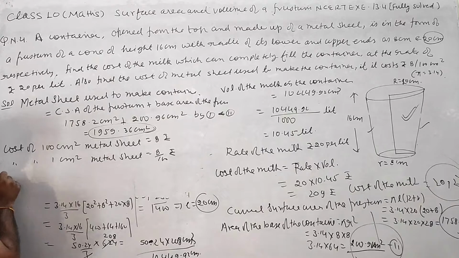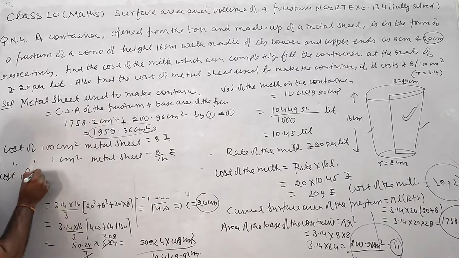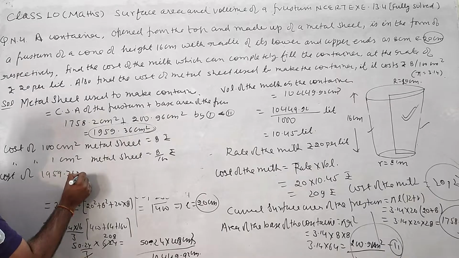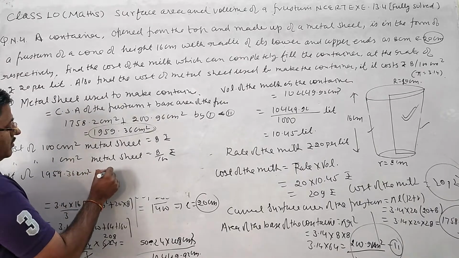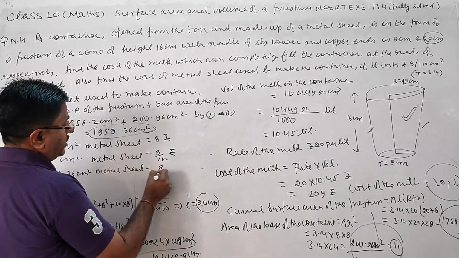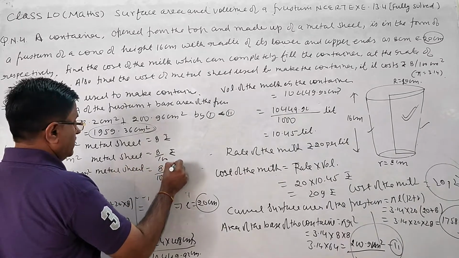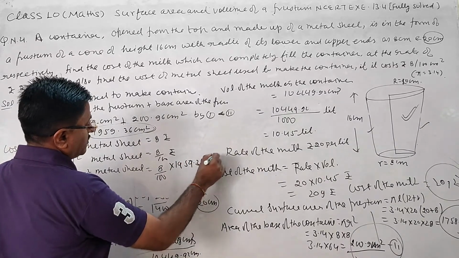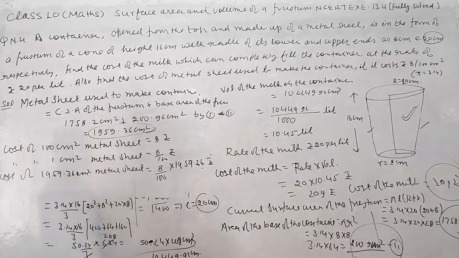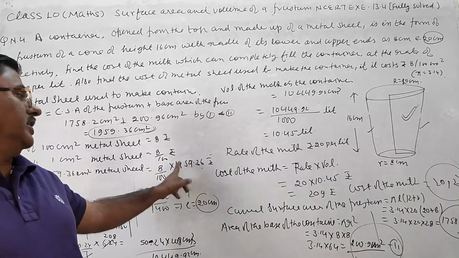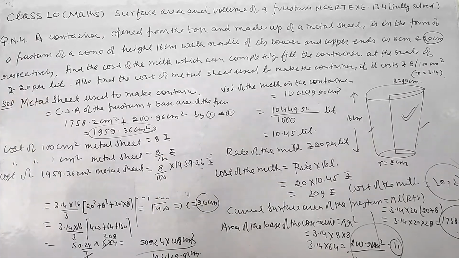Now we have to find the cost for this much area. So the cost of 1959.36 centimeter square you have to multiply by the unitary method, as you already learned in earlier classes. 1959.36 divided by 100, that is 19.59, about 19.6, multiplied with 8.